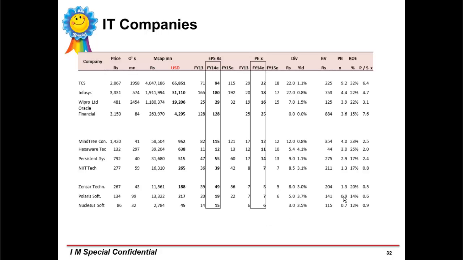And look at the growth rate. Even these large companies are growing at 25-30% growth. So if you want to buy mid cap companies, then the growth rate in these companies should be higher than these large cap companies. If the growth rates are the same, then why not buy these large cap stocks? So that is the reason for this difference in PE.